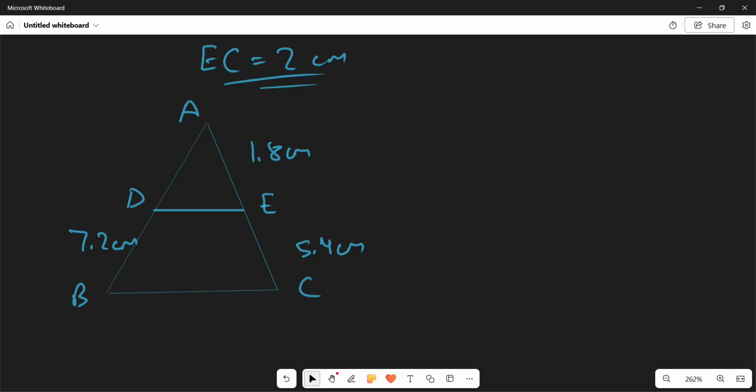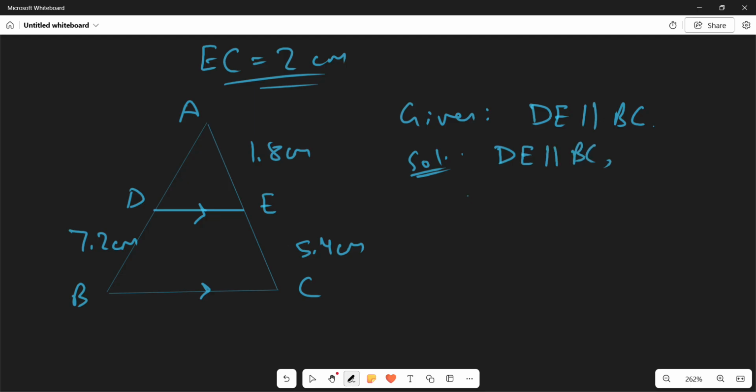These are NCERT questions, the first and second question of your second exercise of the chapter Triangles. Again it has been given to us that DE is parallel to BC. So if DE is parallel to BC, what will I do? Again I'll use BPT. So by BPT I can say that the ratio will be same.